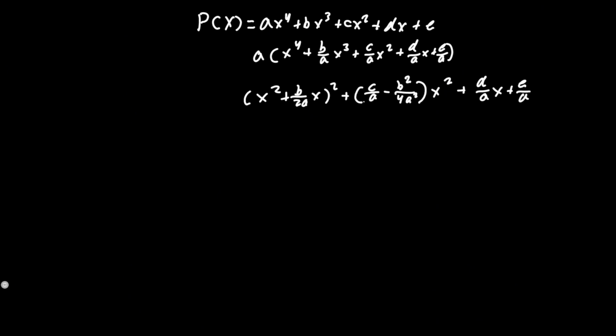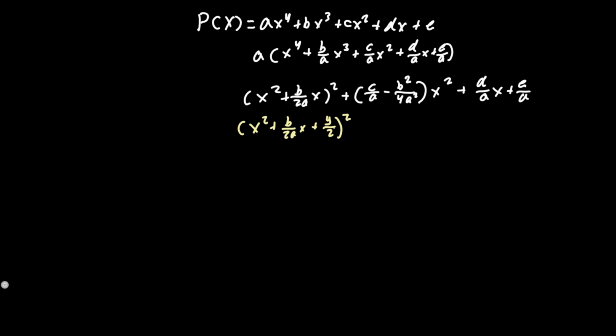And he introduced a new variable, y, into this expression right here, which became x squared plus b over 2a x plus y over 2. And you could choose y to be anything. It could be y over 2, y over 4, y over 3. It doesn't really matter. It's up to you and your preferences and how you want your resolvent to be, as you could pretty much make infinitely many resolvents using Ferrari's method, but they're all going to produce the exact same solution.